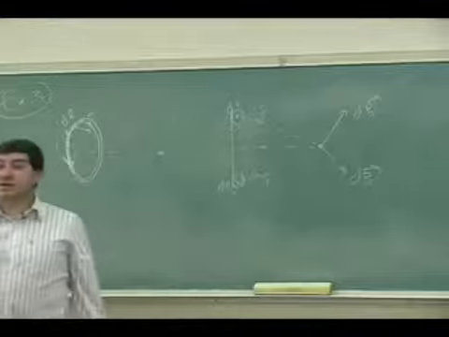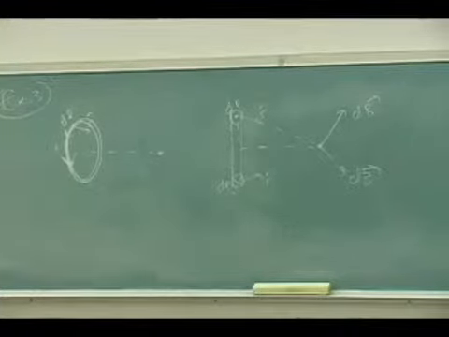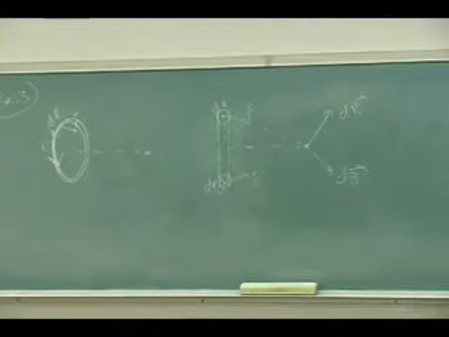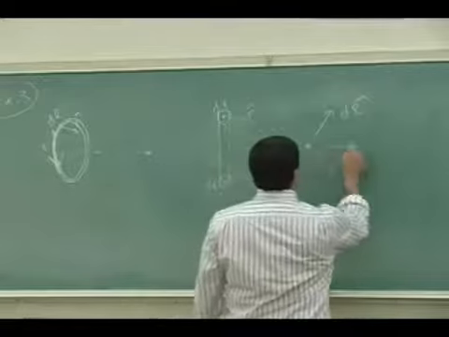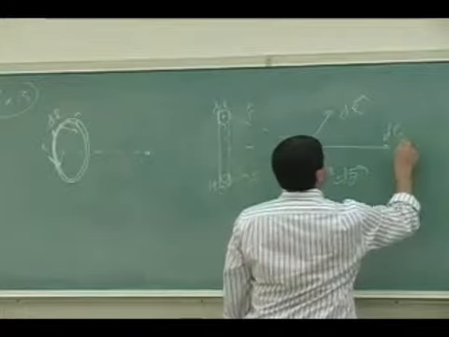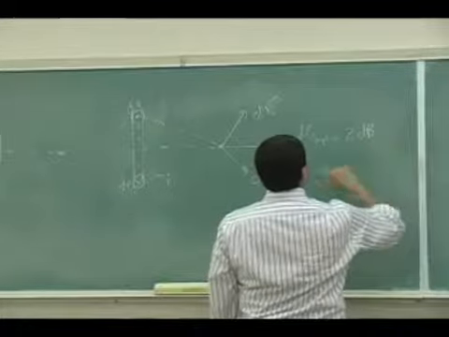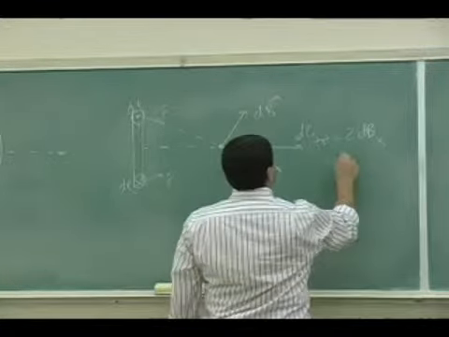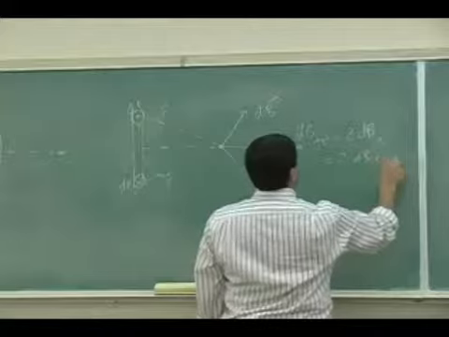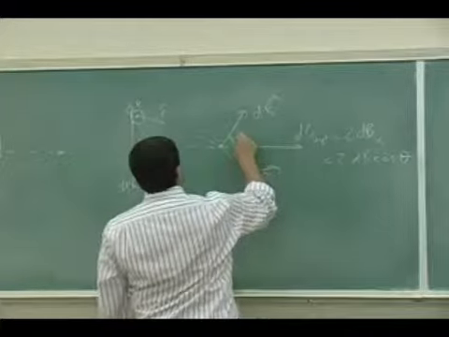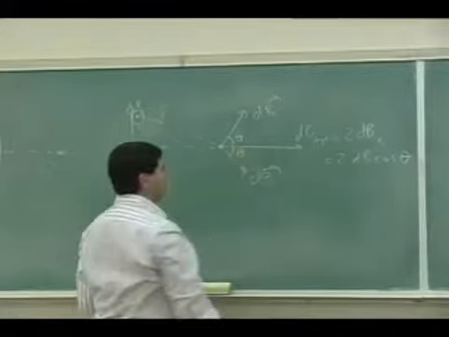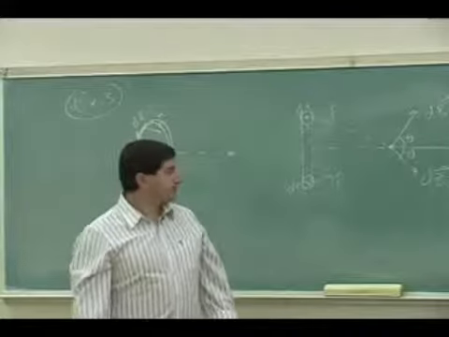And now I'll be able to use symmetry. I'll argue that the y component of that cancels. Only the x component survives. dB total is equal to 2 dBx, which is 2 dB cosine of theta. Right?